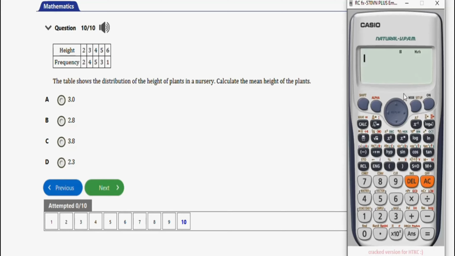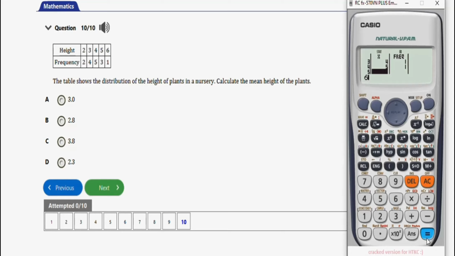So let's turn on the frequency column again, press shift mode, navigate down. Under the stat, press 1. Okay, it's now on. Go to modes, then statistics option 3, one variable statistics, then the x column will be the height. We have it to be 2, 3, 4, 5 and 6.